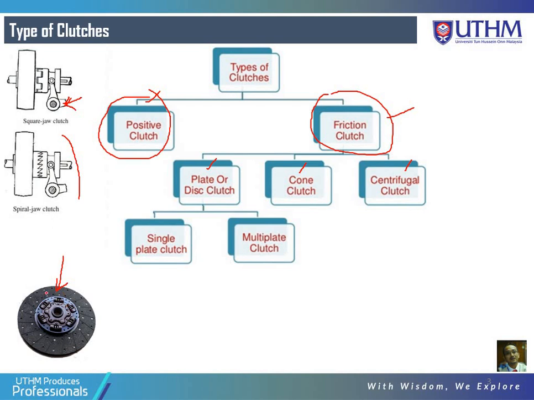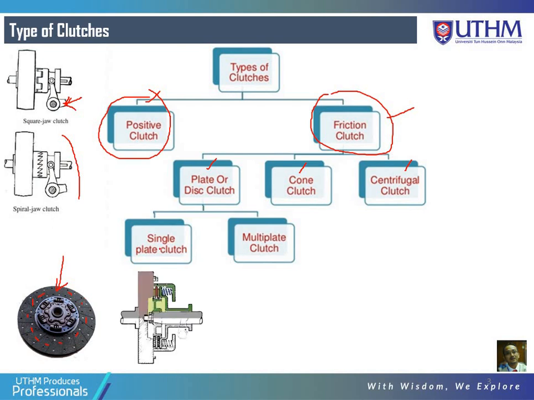This is the friction material available at the single plate clutch. It is either made from Kevlar or ceramic, each having its own coefficient of friction to enable the friction to occur between both pairs when engaged together.